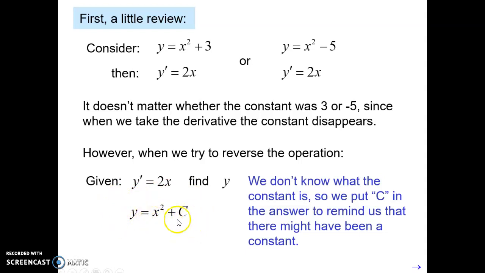Any one of these functions, x squared plus 3, x squared minus 5, x squared plus 100, x squared minus 52, all could have a derivative of 2x. So our answer is the family of functions, all that have this general formula, y equals x squared plus perhaps some constant.